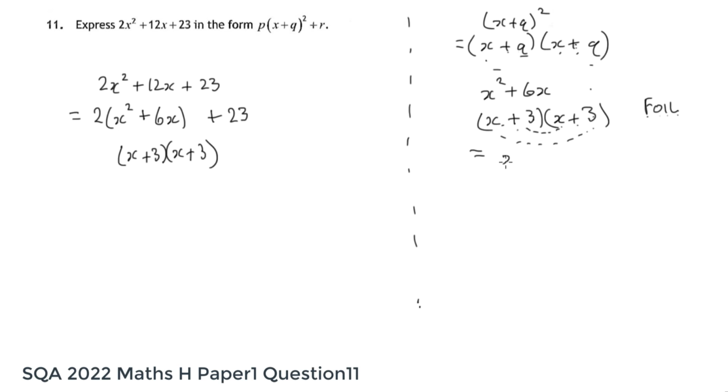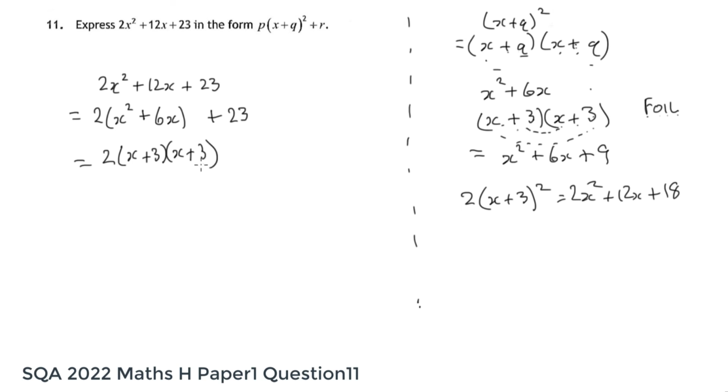The first gives us x squared. Outsides and insides are both 3x, that gives us a 6x. However, there's a plus 9 appears. Now this 2 that's outside doubles all of this, so 2 lots of x plus 3 all squared will be 2 lots of this expression, 2x squared plus 12x plus 18.